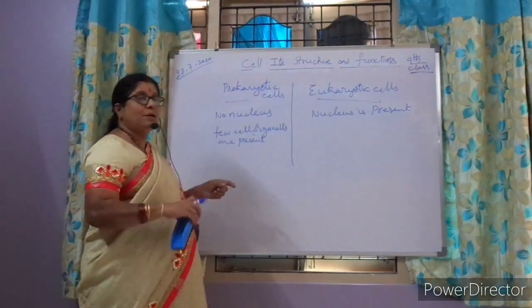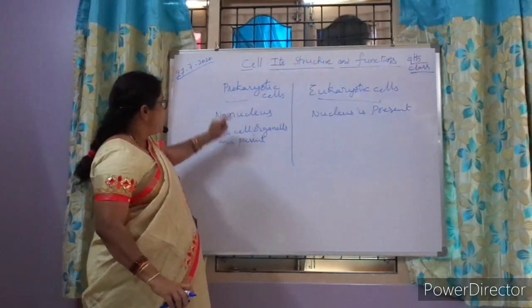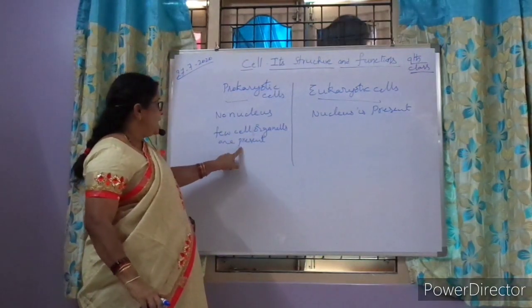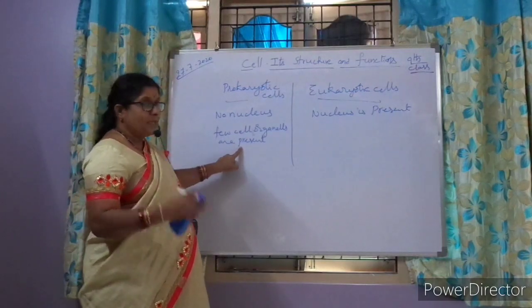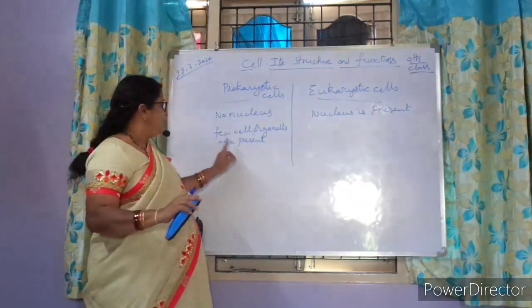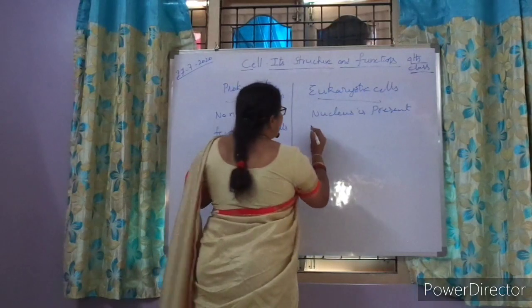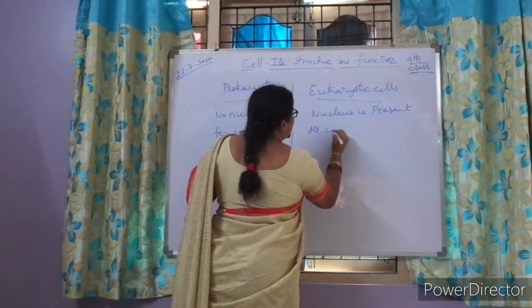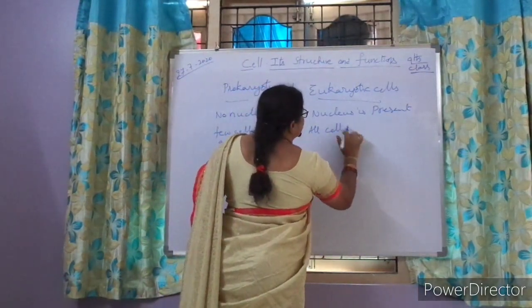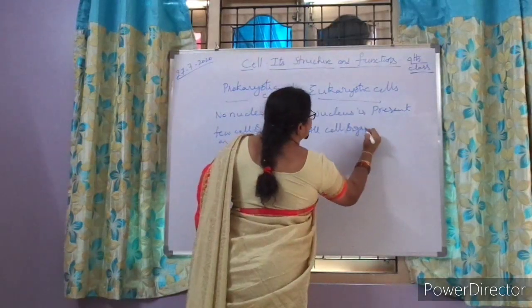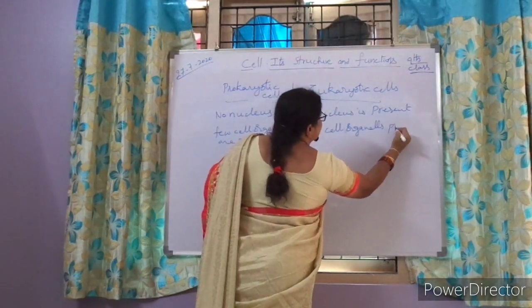All these we are going to observe. But in prokaryotic cells, few cell organelles like cytoplasm, cell wall or cell membrane will be present. Whereas in eukaryotic cells, all cell organelles are present.